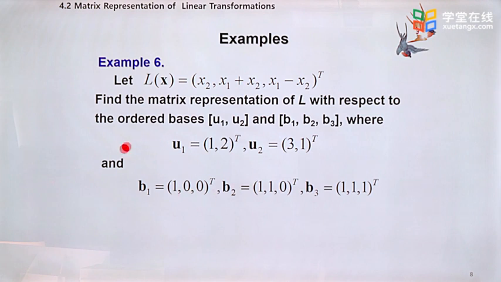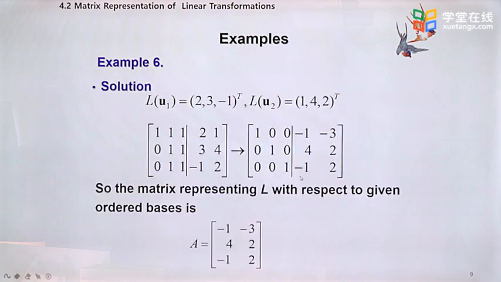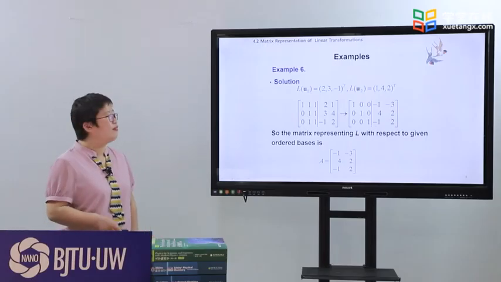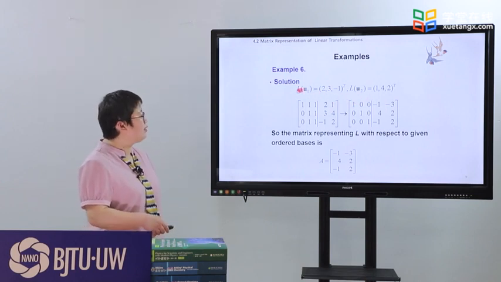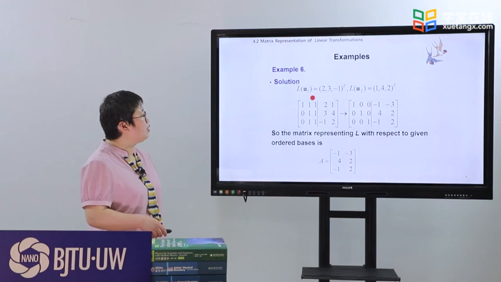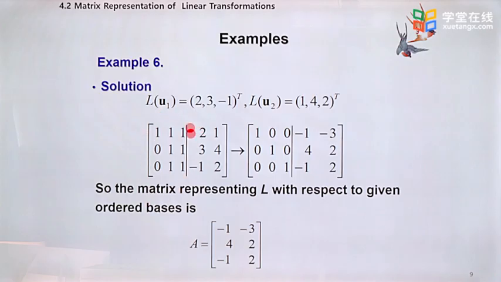So you can consider the augmented matrix. The left part should be B1, B2, B3, composed by these basis vectors, and the right part is just L(U1), L(U2). We first compute L(U1) here, L(U2) here, and then you write this augmented matrix. You transform the left part using the 3 types of row operations.